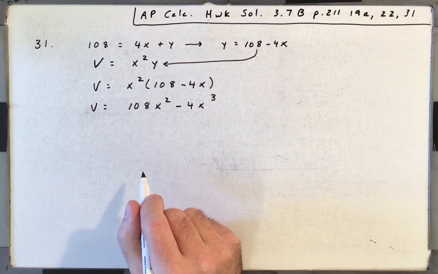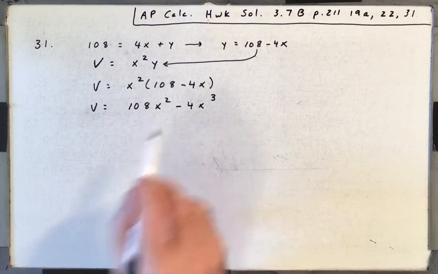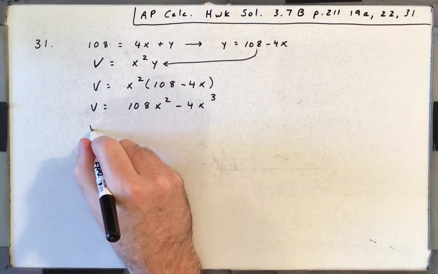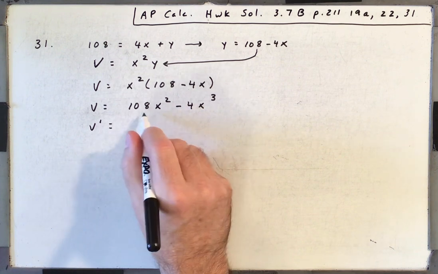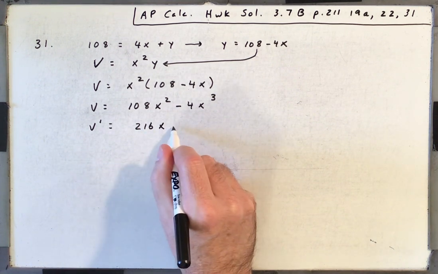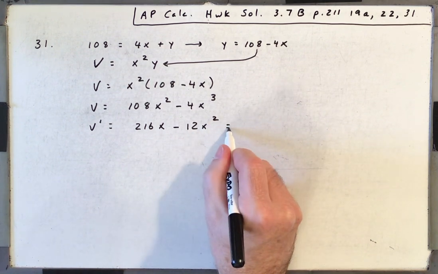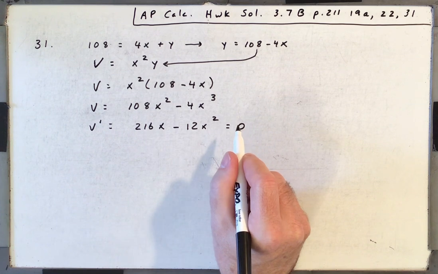So here I think we can go ahead and take the derivative. I don't think we need to factor anything out here. So v prime is going to be 216x minus 12x squared. Set that equal to 0.